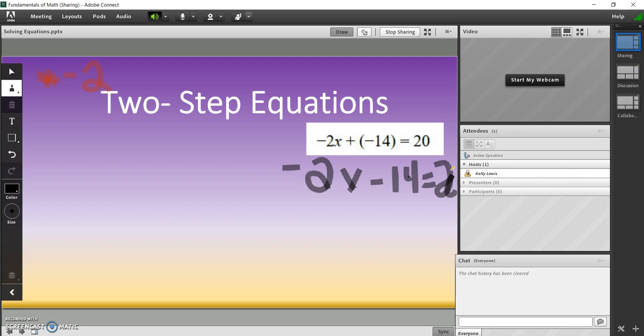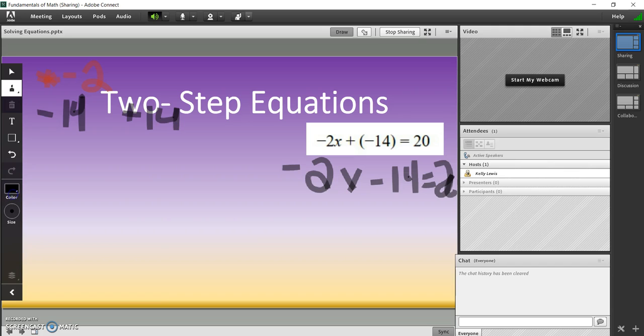So it doesn't matter how you want to think about that, but just keep in mind that we have a minus 14 and we need the constants to cancel each other out. In order for the constants, that's what the 14 is, to cancel each other out, we need it to be 0. So the opposite of a negative 14 is a positive 14, right?